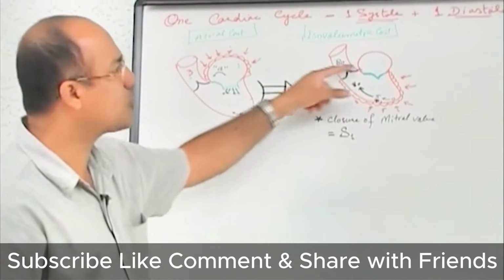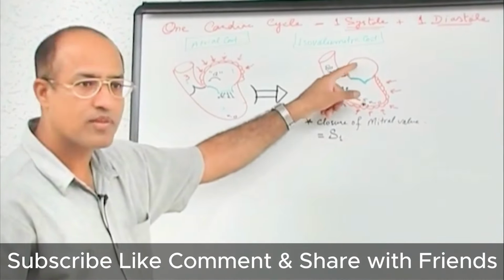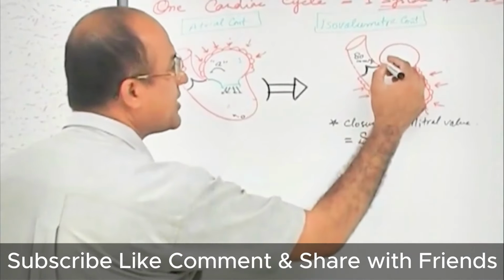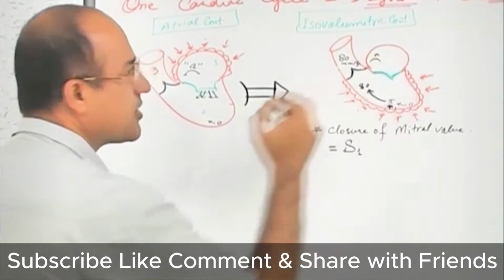Meanwhile, when this isovolumetric contraction was going on, what was happening in the atrium? When the atria contracted, you remember, there was the A wave. This is atrial contraction. At the onset of ventricular contraction, when the mitral valve bulges into the atrium a little bit, there is a little jerk produced in the pressure, and this is called the C wave.